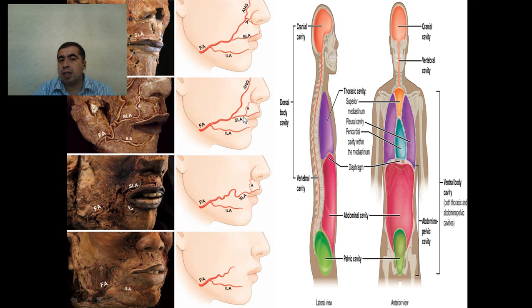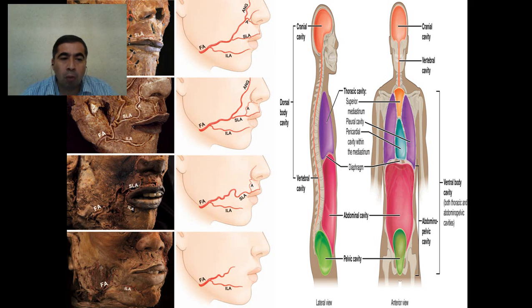Superior labial artery in the second case gives the branch to the deep part of the nose, and it is formed at the same point with the angular artery. Facial artery gives the inferior labial artery, superior labial artery, and no angular artery. But the angular artery is very thin and goes to just the lateral wall of the nose.